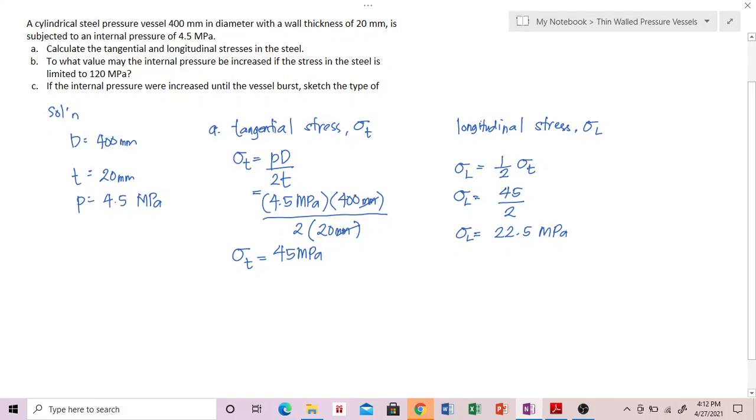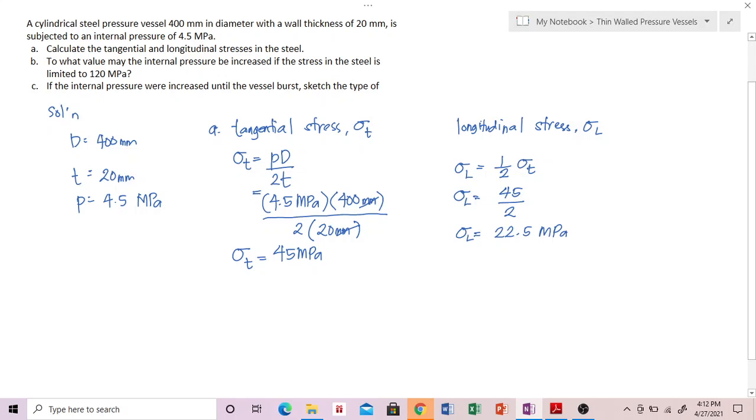To what value may the internal pressure be increased if the stress in the steel is limited to 120 megapascal? Okay, sa letter A, ang hinanap naman is yung mga stress, which is nakuha natin 45 MPa, 22.5 MPa, at an internal pressure of 4.5 megapascal.